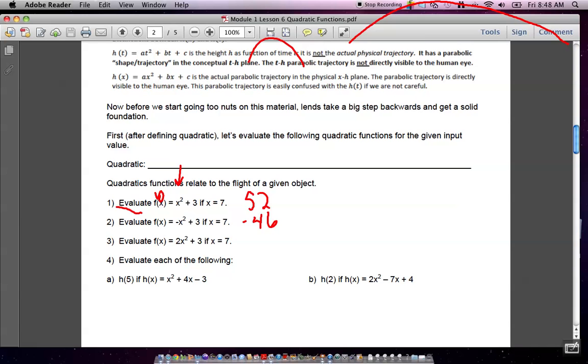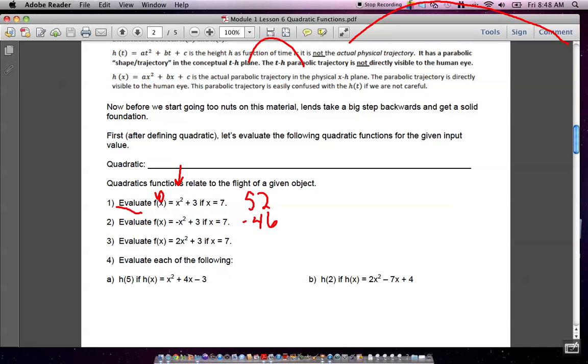In this one, the question is, do you negate it first or do you square it first? The answer is that you square it first, because that's an exponent, and negation is a multiplication. So you want to square first, then negate. Order of operations. So I square 7, that's 49. Then I negate it, I get negative 49. And then what's negative 49 plus 3? Negative 46. Good.